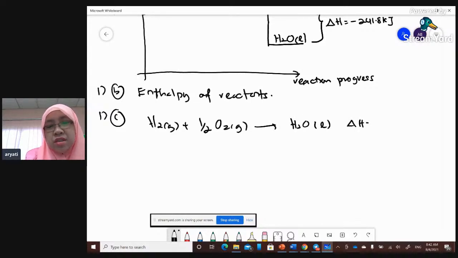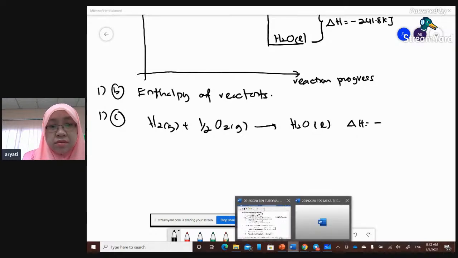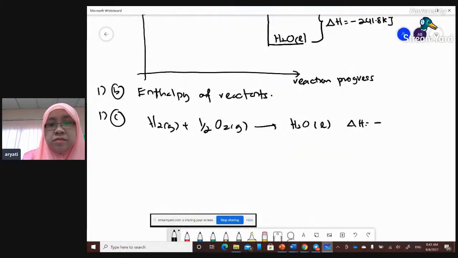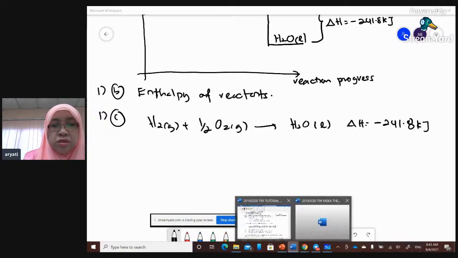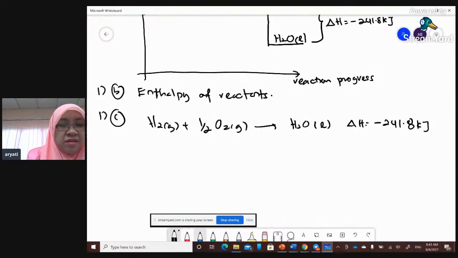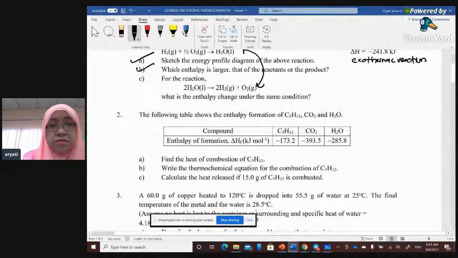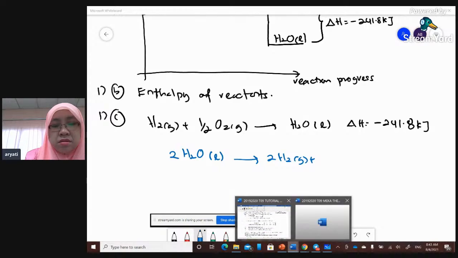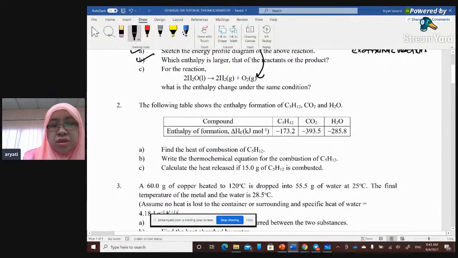So the value of delta H is negative 241.8 kilojoule. So the second equation is 2H2O liquid dissociate producing 2H2 gas plus O2 gas.